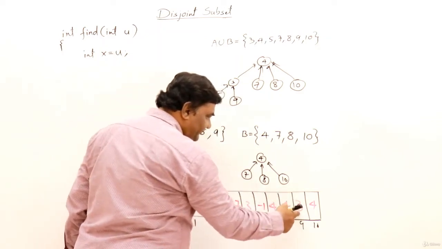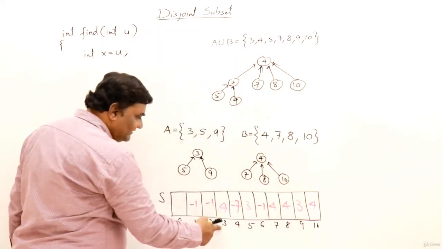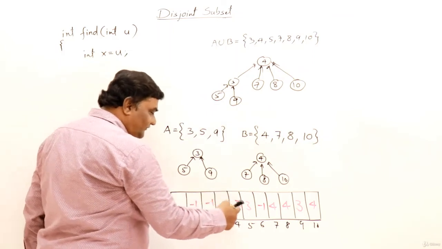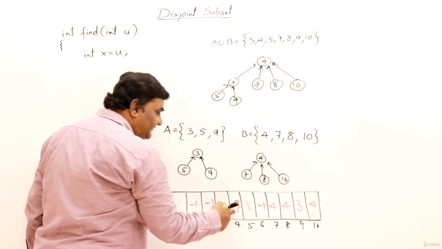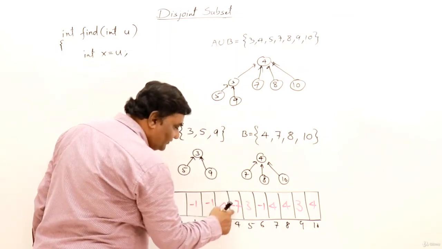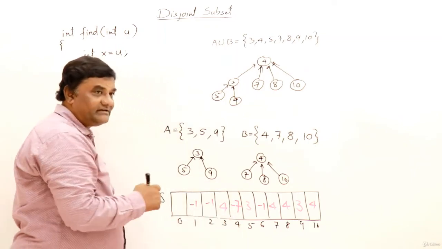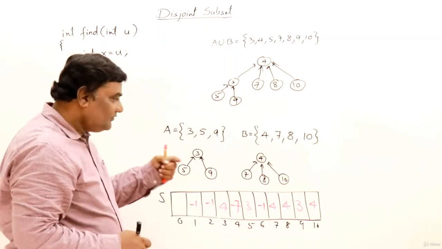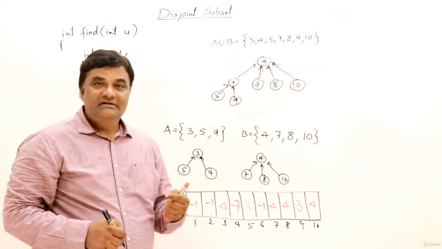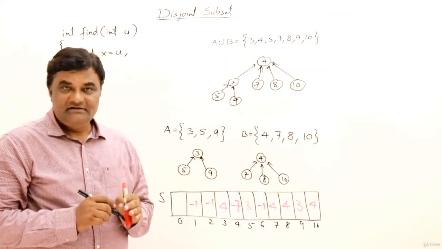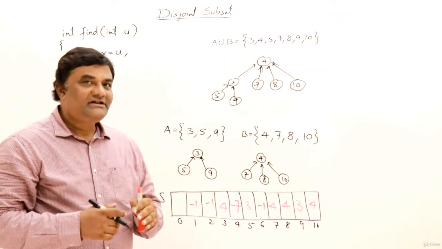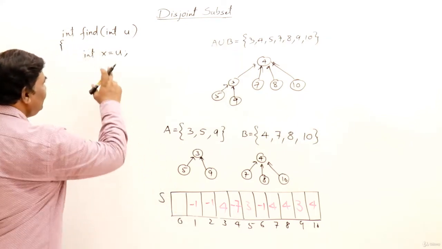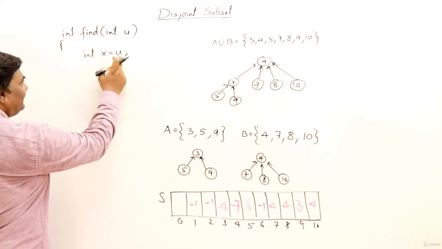Go to 3, take s of 3. Go to 4, take s of 4. And if it is negative, stop and take this one. Don't take the value, take this one. That's it. So we have to go on taking the value of s until we get a negative number, right? As long as we are getting a positive number, continue. So for that, I have already taken a variable x and I have assigned it u.